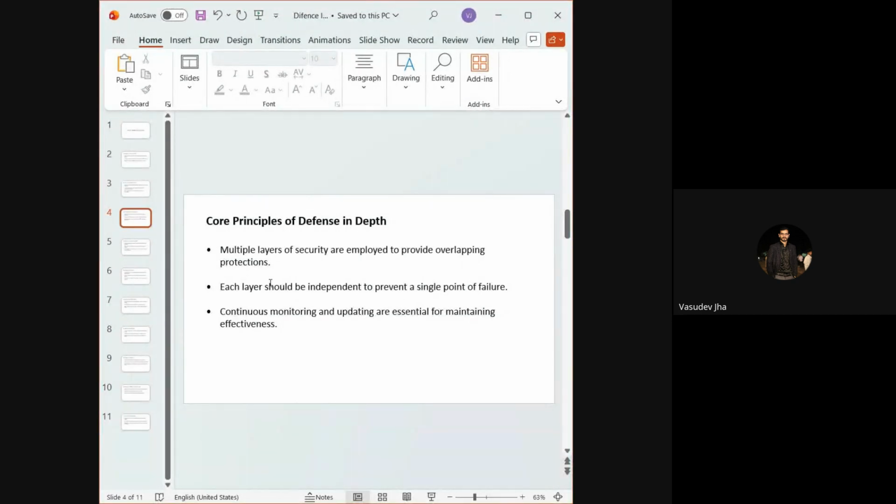Every layer provides security for multiple tasks, but it can fail on only one. And continuous monitoring and updating are essential, as cybercrime is growing day by day. So in any proactive system, continuously monitoring and updating the system is very essential.